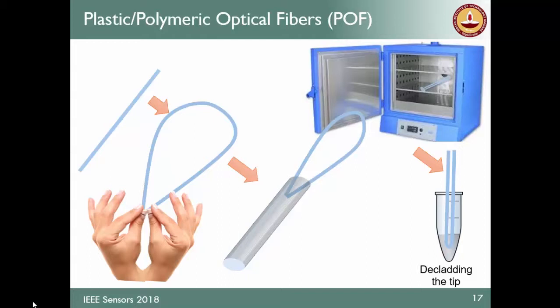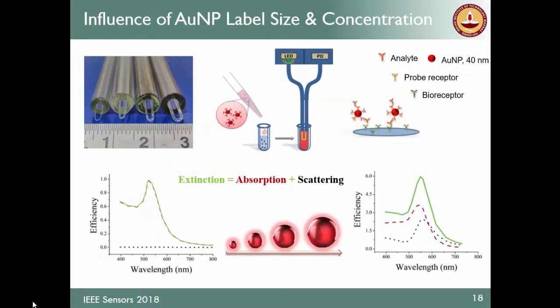You still have to do that, but one advantage is they don't break. This is 500 microns. We could make 250, 500, 750, and 1000 micron fibers.